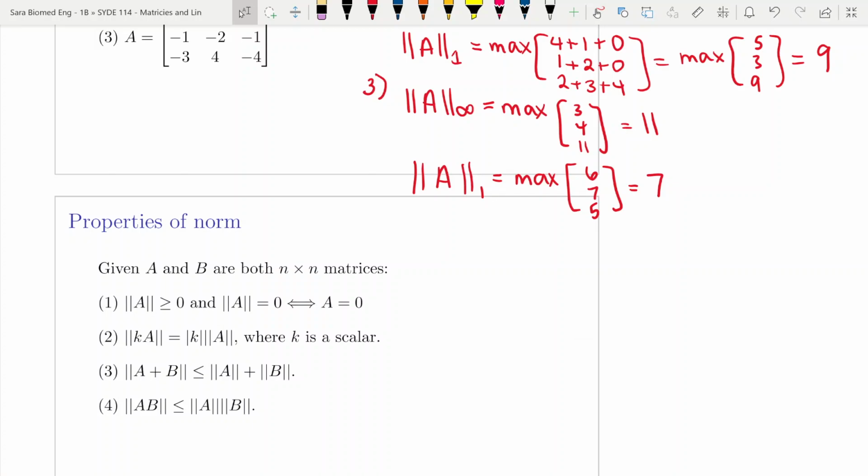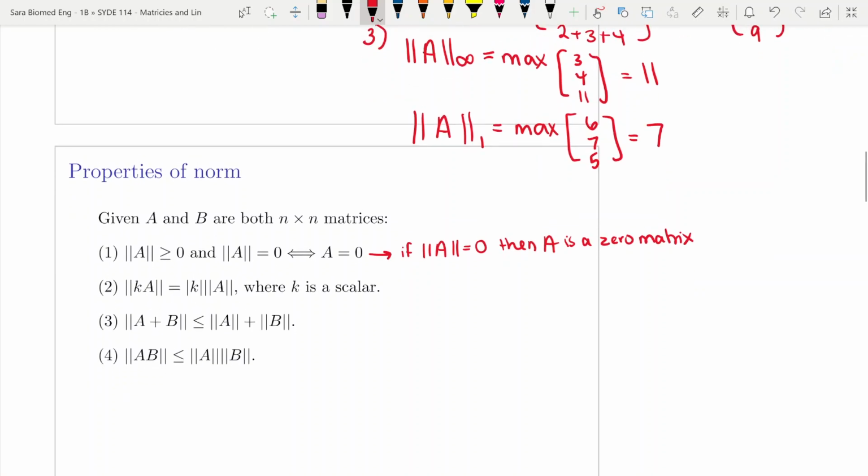Now, if the norm of matrix A is 0, then A is a 0 matrix, which means every entry of A should be 0. Second property: if you multiply a scalar to a matrix and take the norm, it is equivalent to the absolute value of that scalar multiplied by the norm of the matrix A.